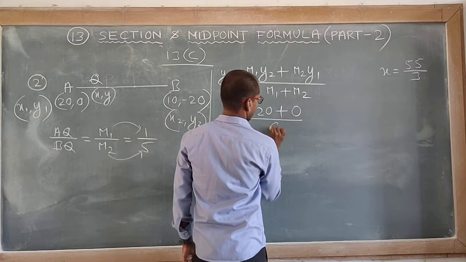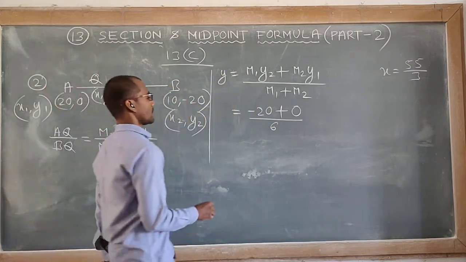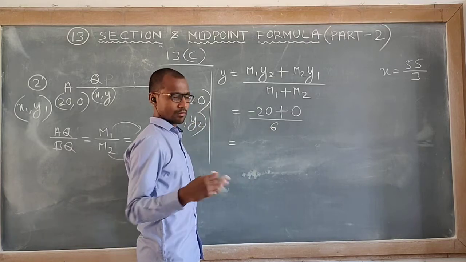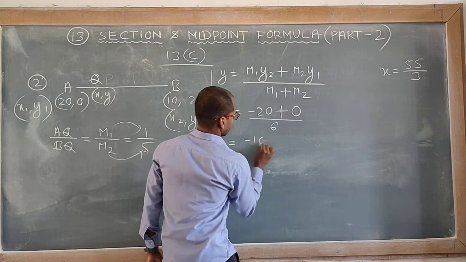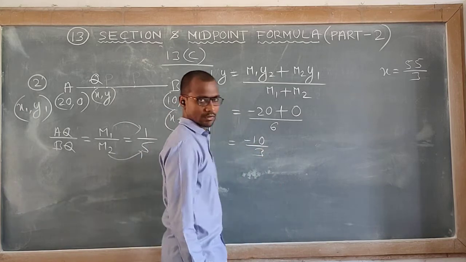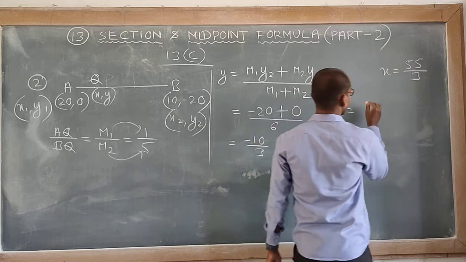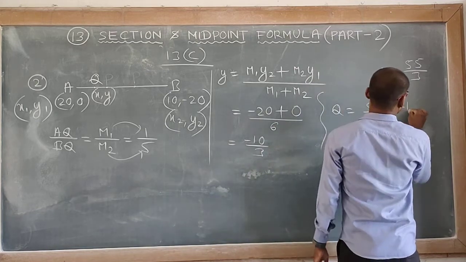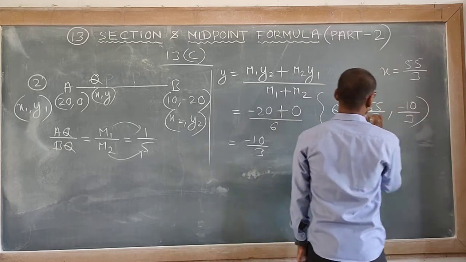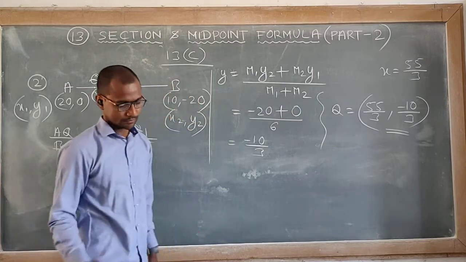M1 plus M2 is 1 plus 5, which is 6. So minus 20 by 6, which is minus 10 by 3. So this is y. So we got Q is equal to 55 by 3, comma, minus 10 by 3. Okay, so these are the coordinates of point Q.